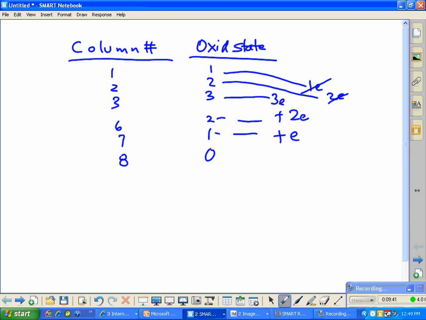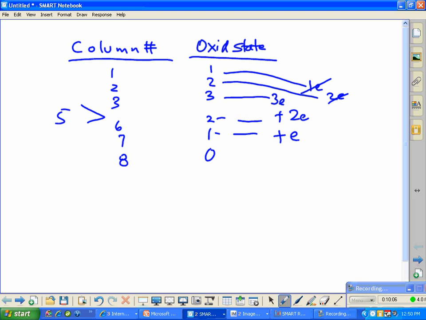In column 5, this works most of the time, but it's not reliable because sometimes in column 5 we're going to add electrons, sometimes we'll take them away. Go figure. Okay? So they're switch hitters. That's why we don't have them as a good ironclad rule here.